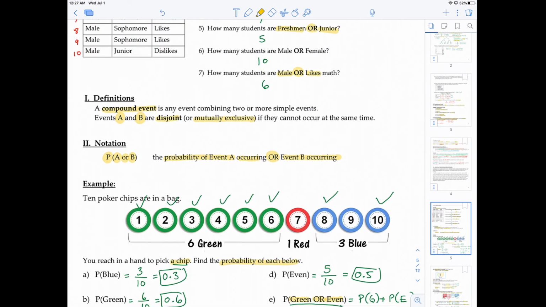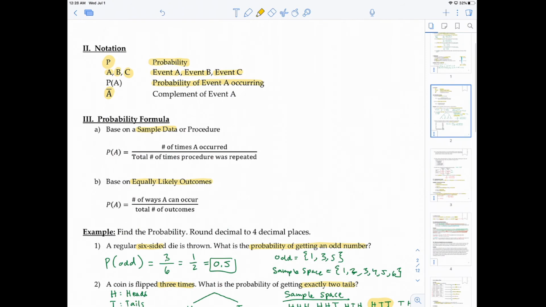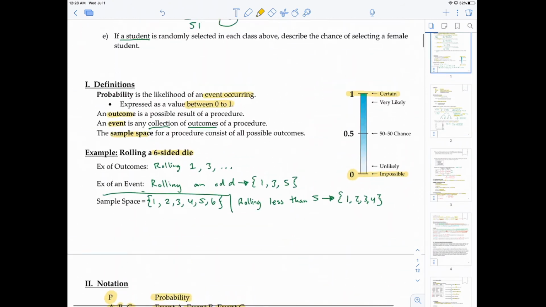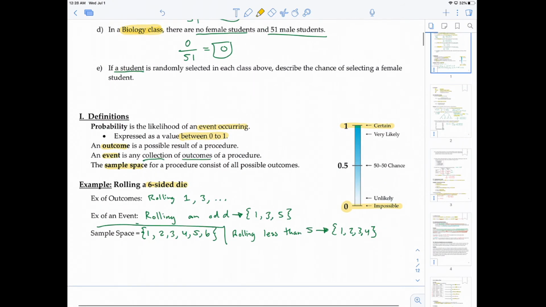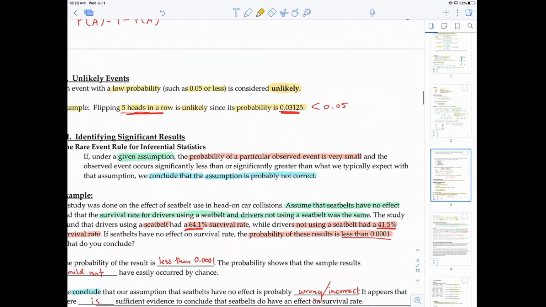Whereas complementary events consist of the complement of A, all the outcomes in which A does not occur. Now they sound very similar. The reason why is you're going to see that complementary events have to be disjoint, and we're going to add to the definition of complementary events later on.